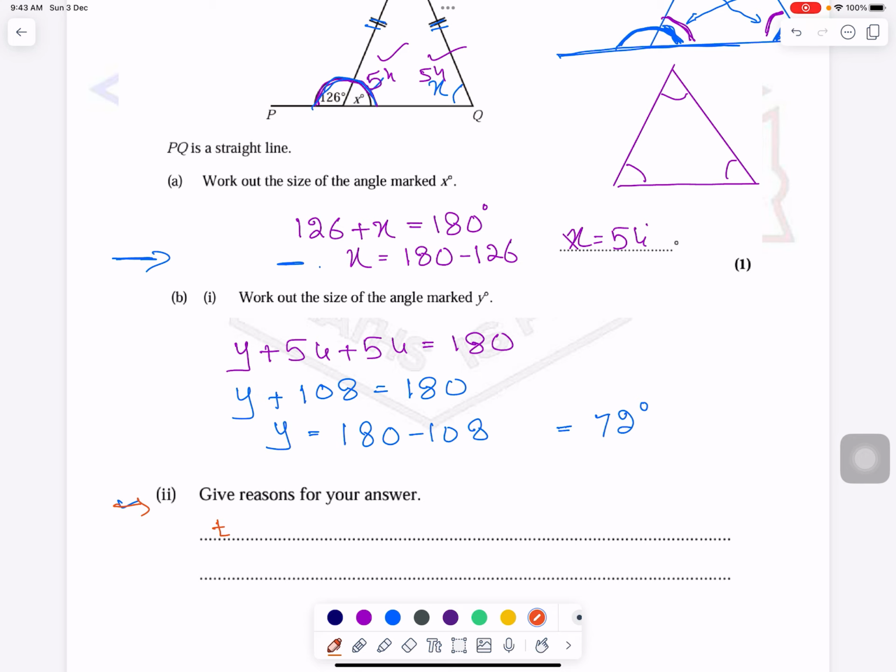You have to explain what you mean, right? So you can write here the triangle is an isosceles triangle. Right? Hence, two angles are equal.